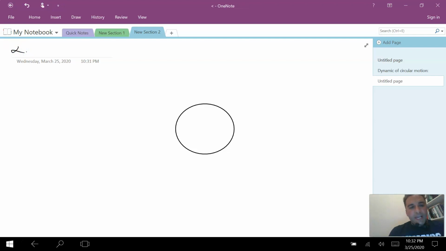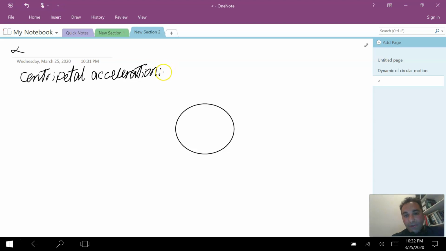The topic that we have is called centripetal acceleration, which we show by AC.